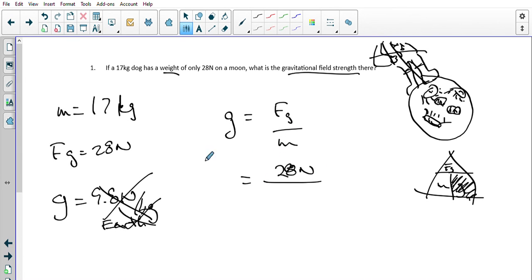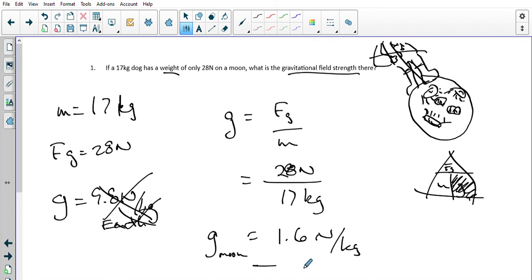And our mass, which is in kilograms, is equal to 17 kilograms. So if we go 28 divided by 17 equals, this is g on the moon, and that's equal to 1.6 newtons per kilogram.